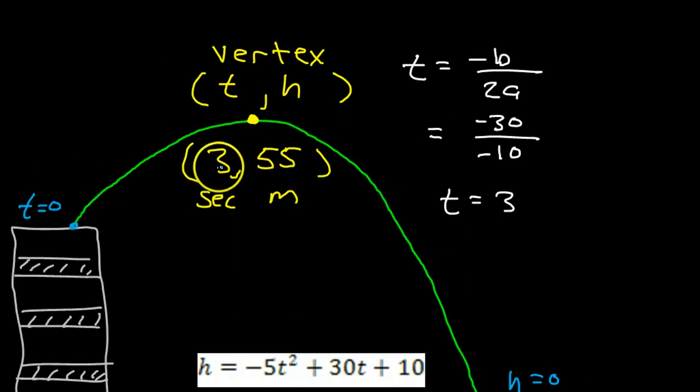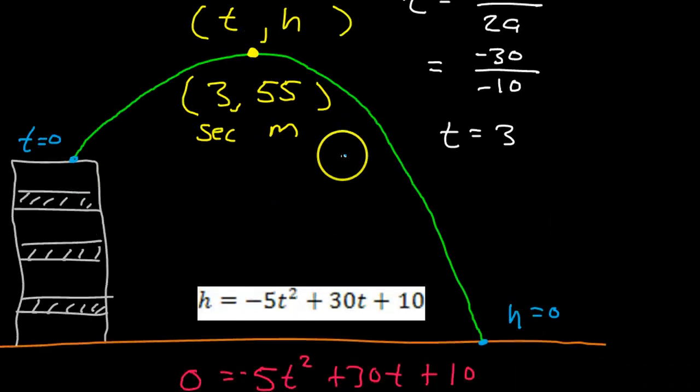And then 3 seconds later we're at the highest point. But then at a time of 6.32 seconds, that's when we're finally hitting the ground. So 3 seconds and 6.32 seconds.